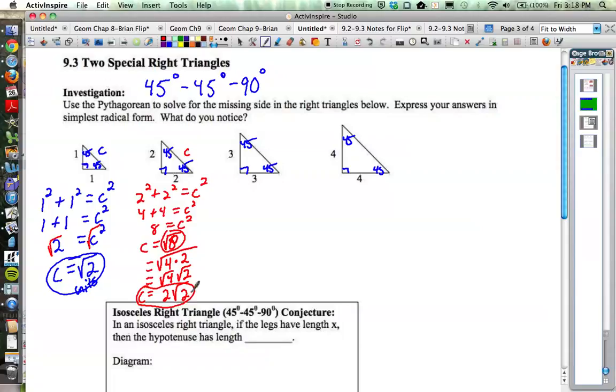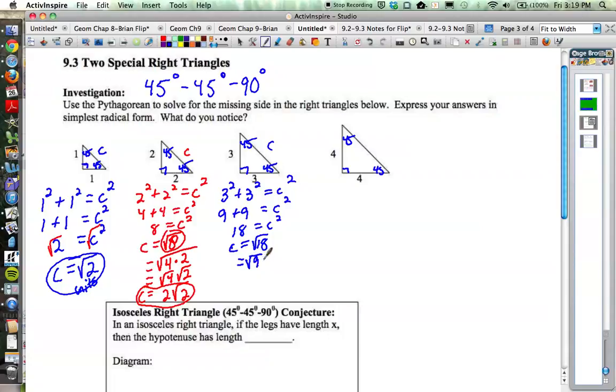All right, so the next one, we have 3 squared plus 3 squared is equal to c squared. So that would be 9 plus 9 is equal to c squared. 18 is equal to c squared. And therefore, c is the square root of 18. In simplest radical form, we'd say, okay, what's the biggest perfect square that is a factor of 18?